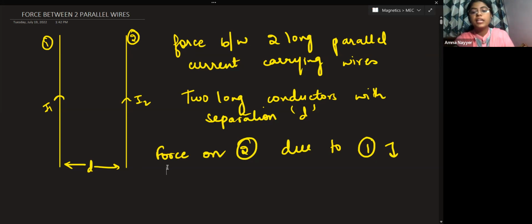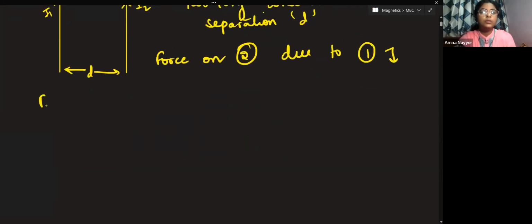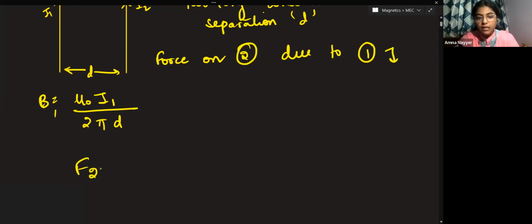All right, so the magnetic field due to the first one becomes B1 is equal to mu naught I1 divided by 2 pi d, because we are considering the current in the first conductor, and d is the separation. Now the force on the second one due to the first one is ILB sine theta, and sine theta is obviously 90 degrees, because the magnetic field is perpendicular to the length of the conductor.